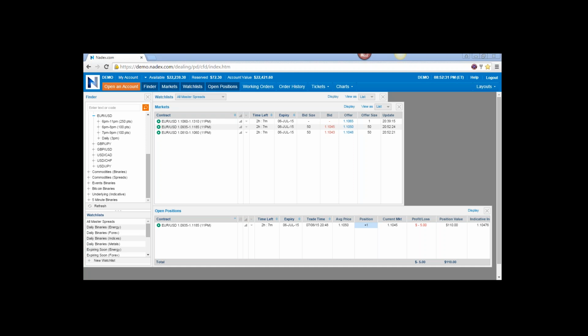A straddle is where you are buying an upper spread at the floor, selling a lower spread at the ceiling as close as you can. A lot of times, when we do straddles, it's because we're expecting, let's say, a news event to come out, and we think there's going to be a big move in the market, but we don't know which way it's going to go.